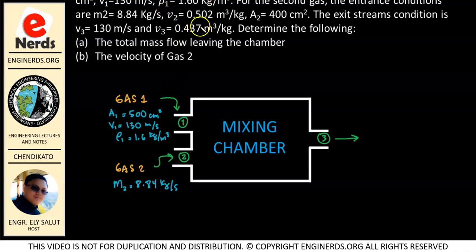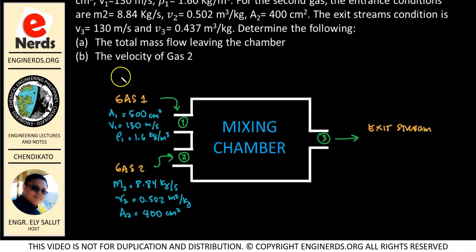And then, we have our specific volume, which is equal to 0.502 cubic meter per kilogram. And then, yung area, okay, our cross-sectional area in stream 2, we have 400 square centimeters. Okay, so, kailangan na lang natin i-determine is itong ating exit stream. Okay, so let us label this. This is our exit stream.